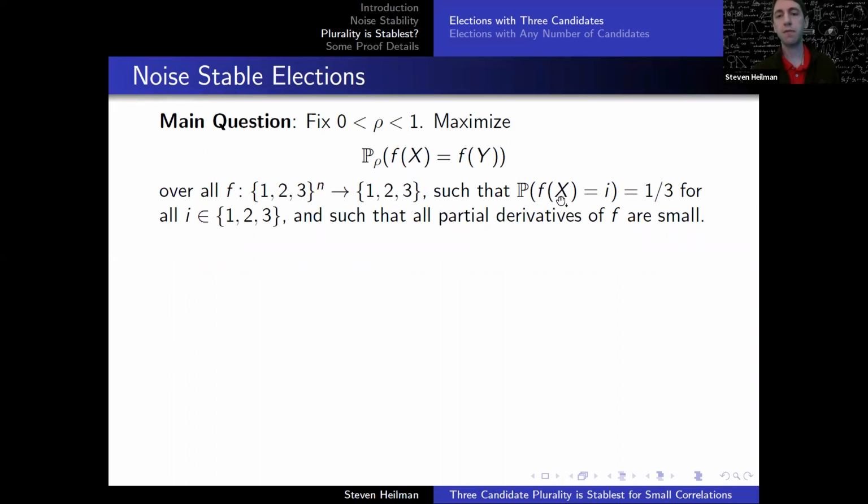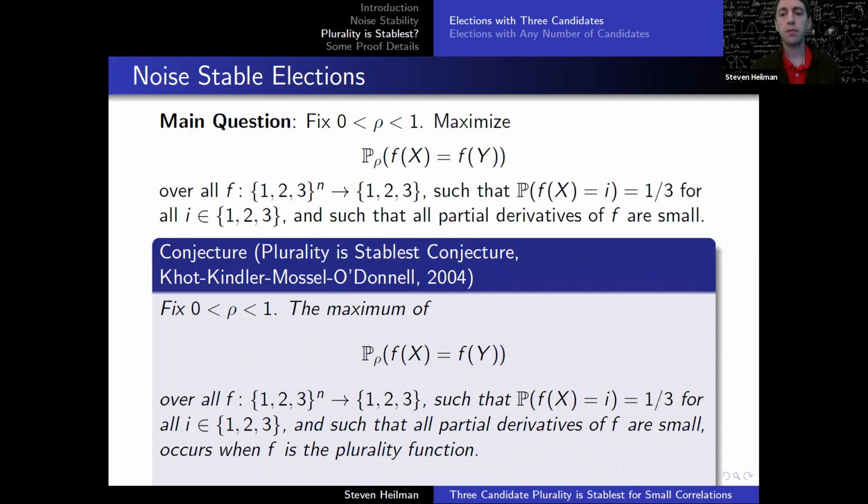I assume the probability that f(X) equals i is 1/3 for all i. Then the same sort of conjecture as before: the maximum of this probability, that the original winner of the election equals the corrupted winner, over all f where each candidate has an equal chance of winning and all partial derivatives of the function are small, occurs when f is the plurality function.